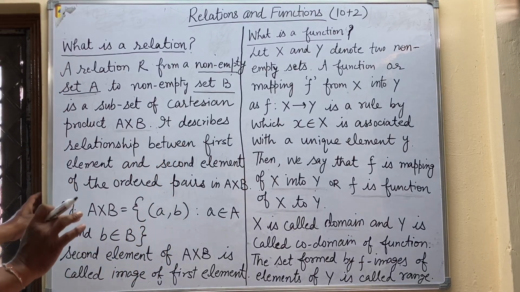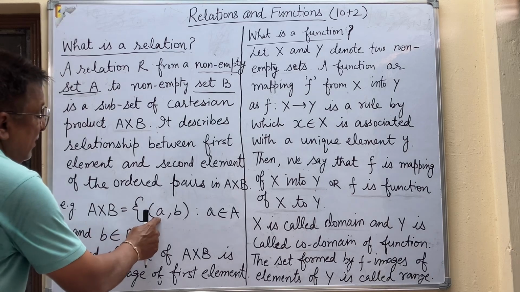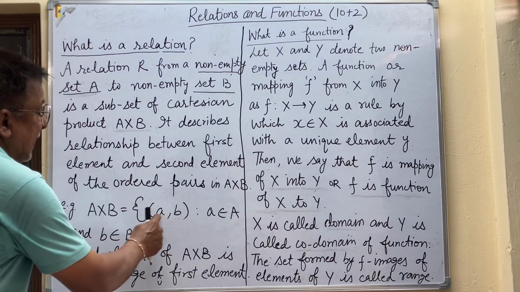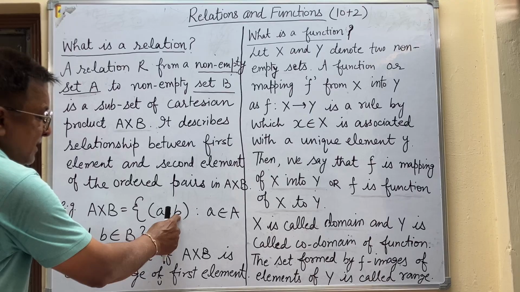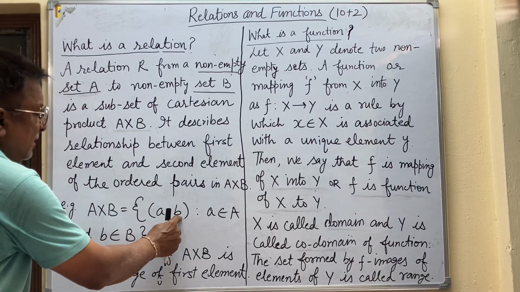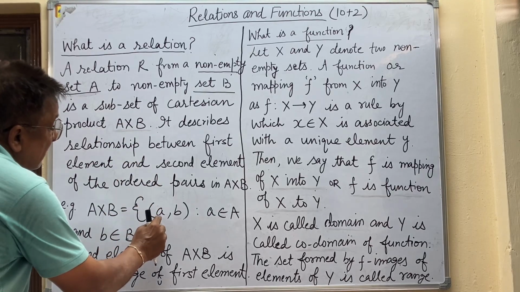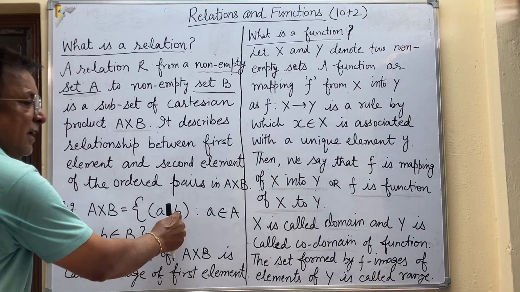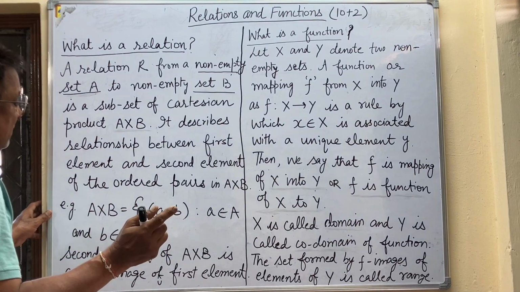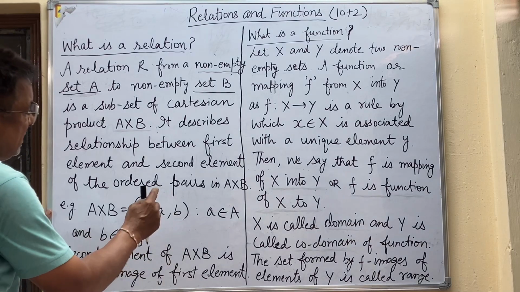Cartesian product. Now, what can be paired? A and B. It means A can be parallel to B, these are lines. A can be perpendicular to B. It can be a relation. Then A can be double of B. It can be a relation. A is sister of B. It can be a relation.